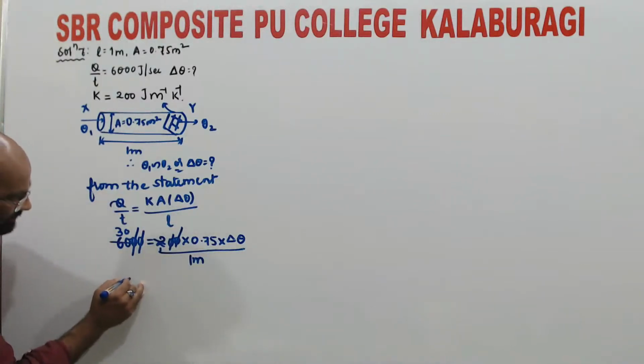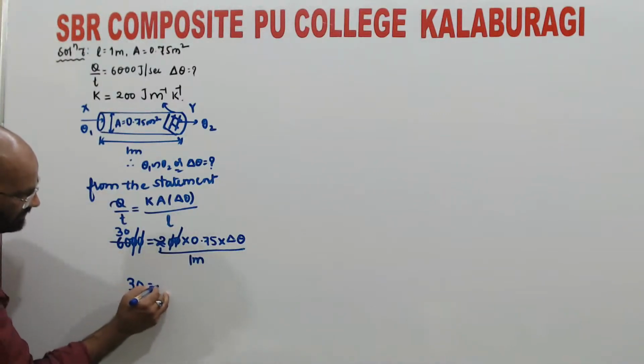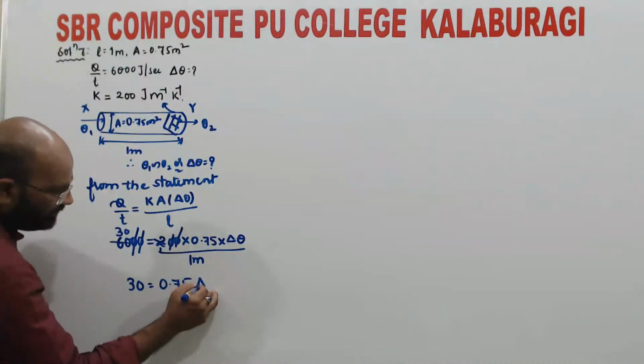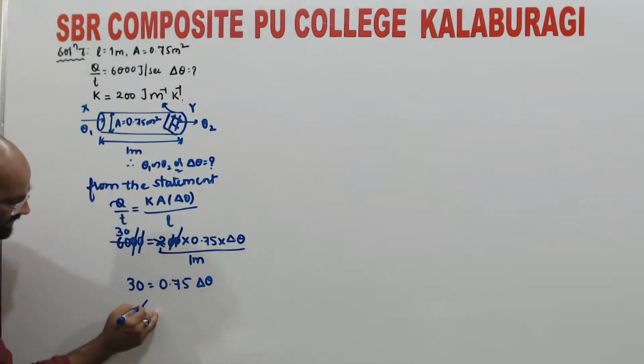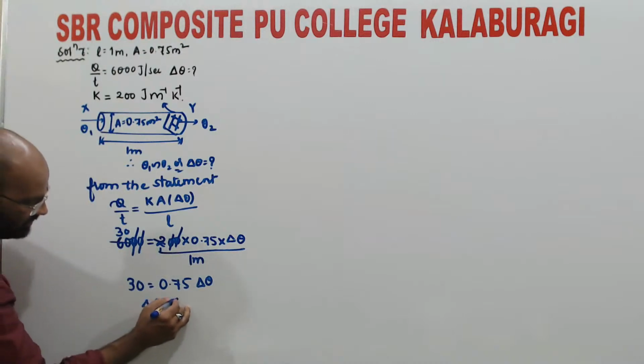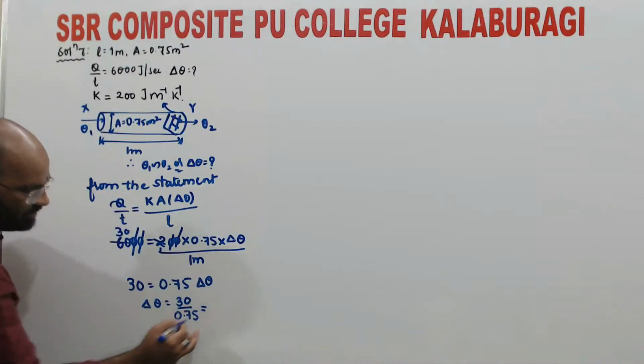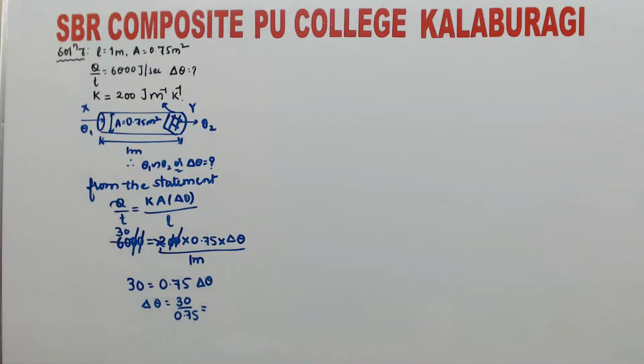And we have 30 is equal to 0.75 into delta theta. Delta theta is equal to 30 divided by 0.75, which is equal to 40 degrees Celsius.